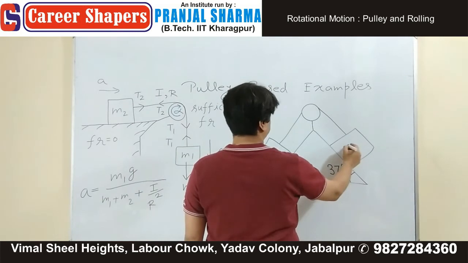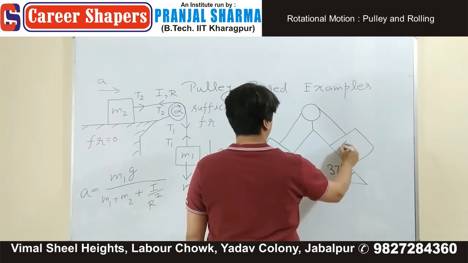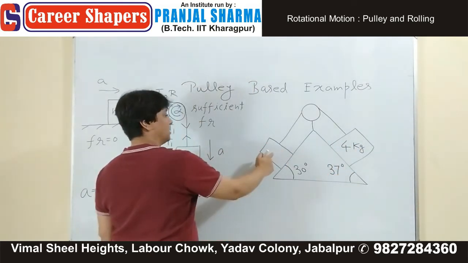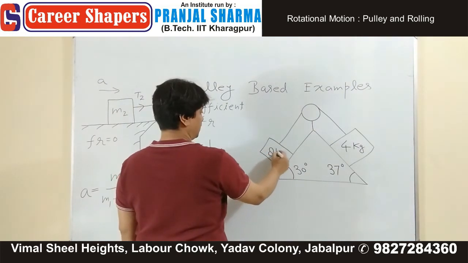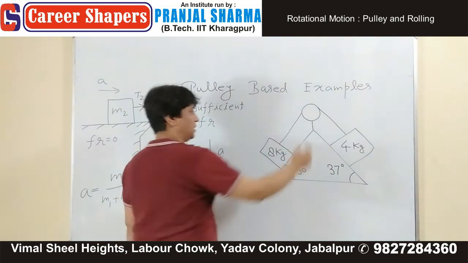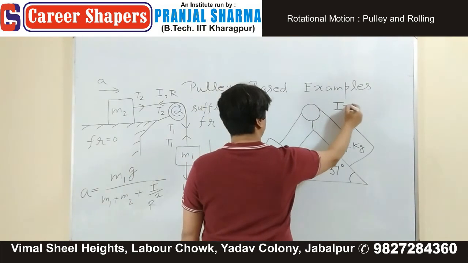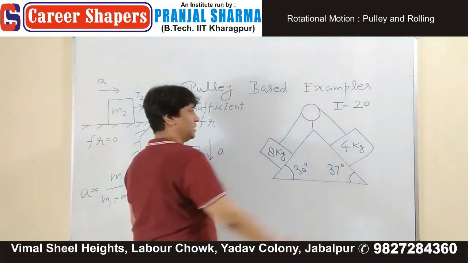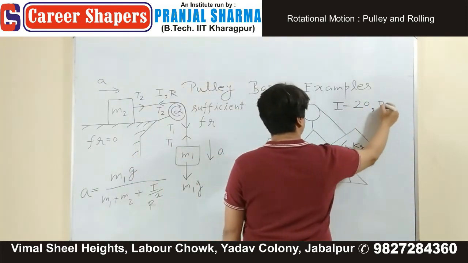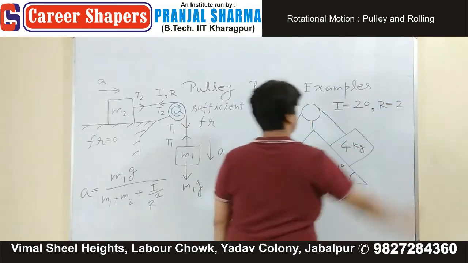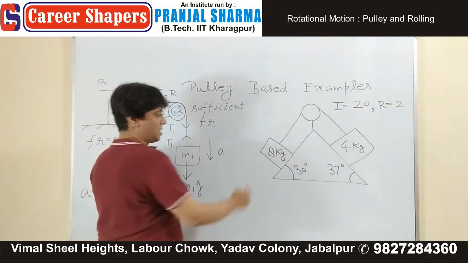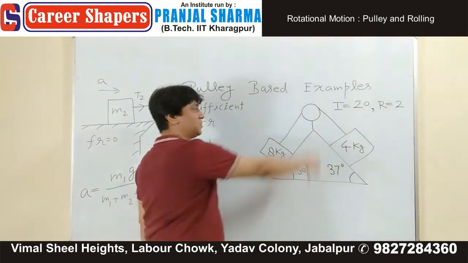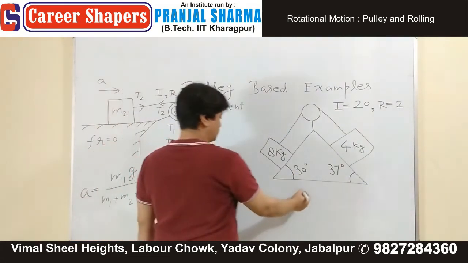This is 4 kg. This is 8 kg. Pulley has a moment of inertia of 20. Its radius is 2. Friction is 0. Sufficient friction. Find out acceleration.